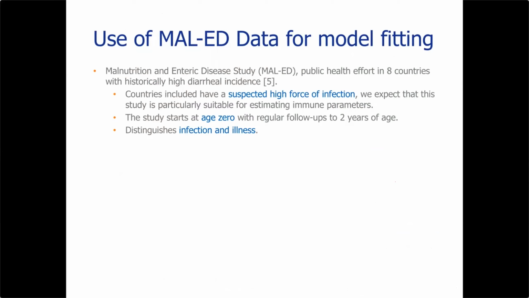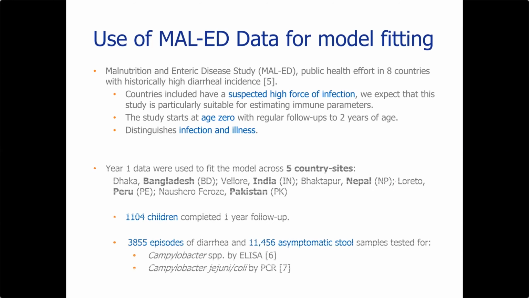All the data was collected starting from age 0, with regular follow-ups until age 2, in a manner that could differentiate between infection and illness. Because of the different patterns in the immunity of a child during the first and second year of age, we could only use the first year data and only across 5 countries because of not enough data points. But we had enough, as 1,100 children completed the follow-up.